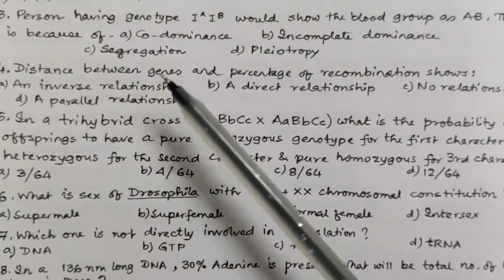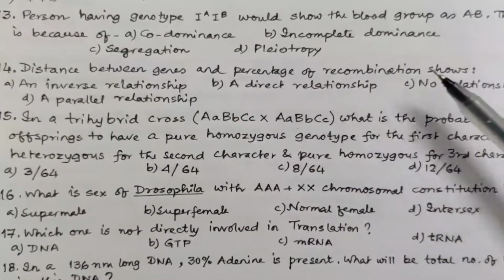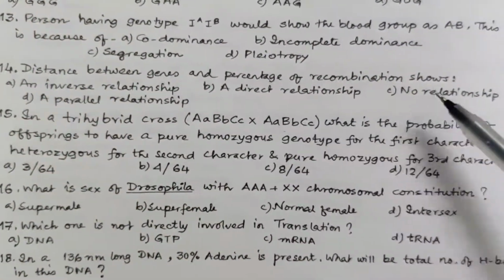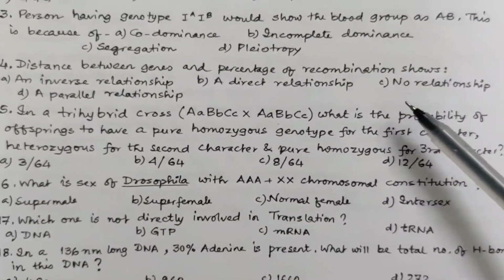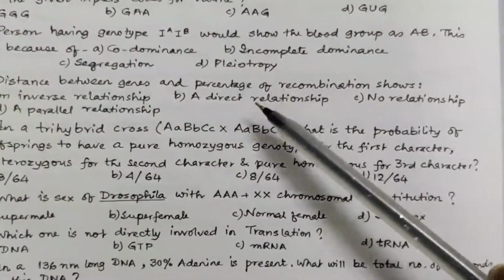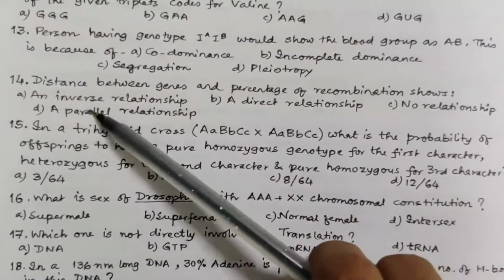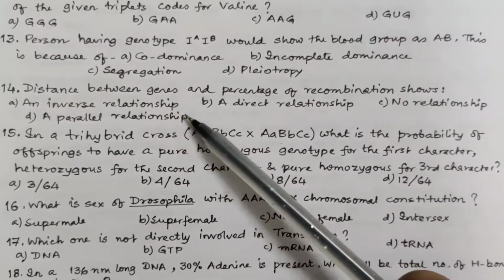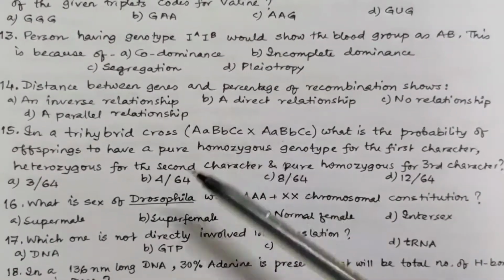Next question is distance between genes and percentage of recombination occurs. What does it show? No relationship or direct relationship or inverse relationship. It shows a direct relationship.